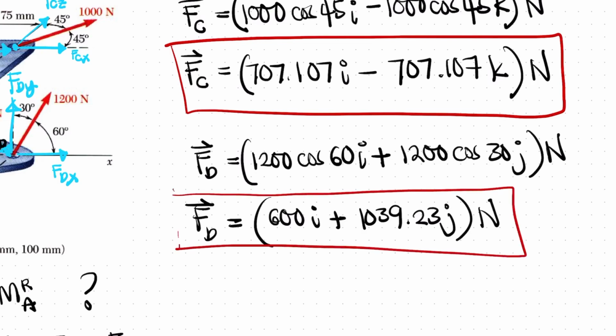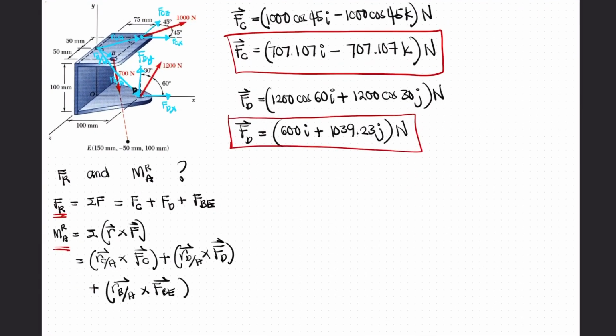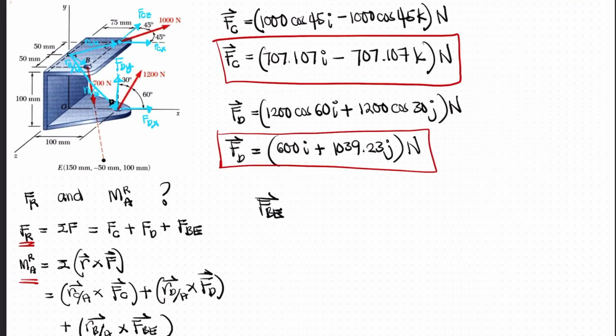This is F sub B, F_BE, from point B to point E. These are the coordinates. It is not like the others where only the angle is given.